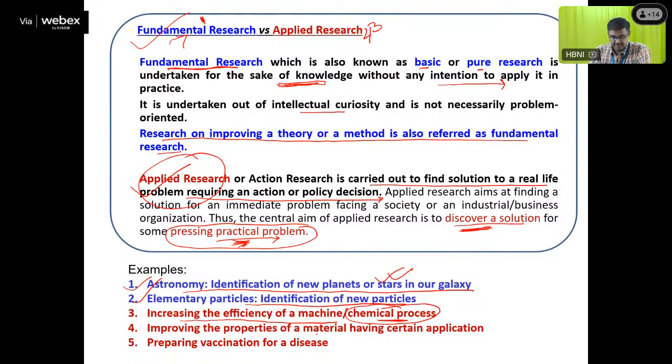Those who are doing research in metallurgy or in material science develop materials which target to improve the properties of that material for a certain application. Say, as I told you, we are material scientists, we develop materials or catalysts for certain reactions.